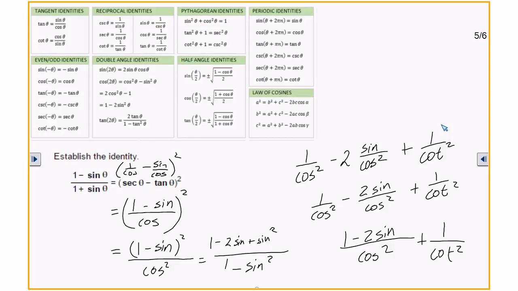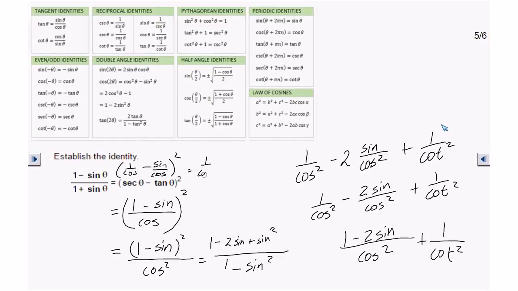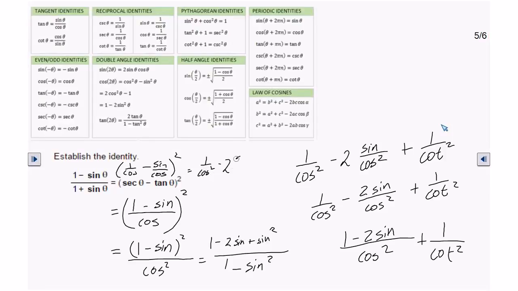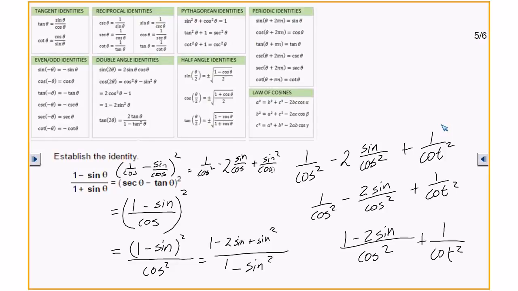I want to go back up here. That would give me, I'm just going to try this. 1 over cosine squared minus 2 sine over cosine plus sine squared over cosine squared. I don't know if that's going to help us or not. I'm just playing right now.